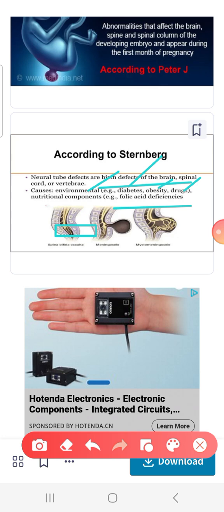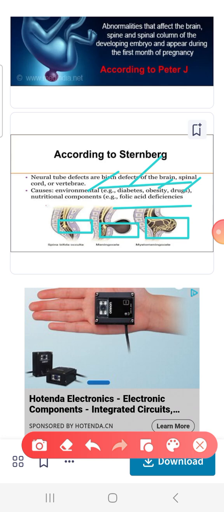In this area there is no particular vertebrae. This is one of the problems. Sometimes this type of characters is developed, and these characters are considered neural tube defects.